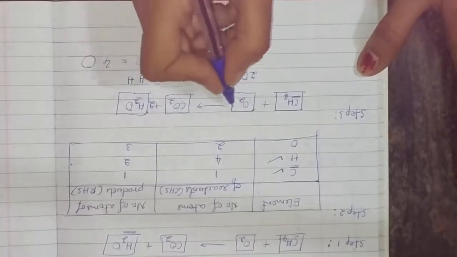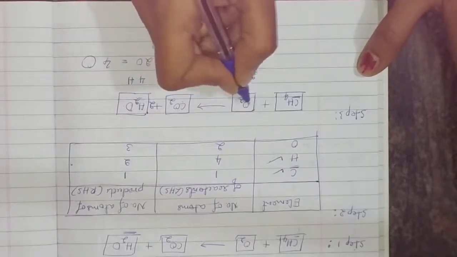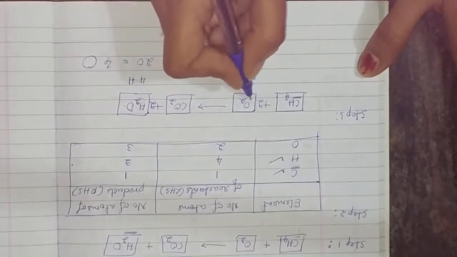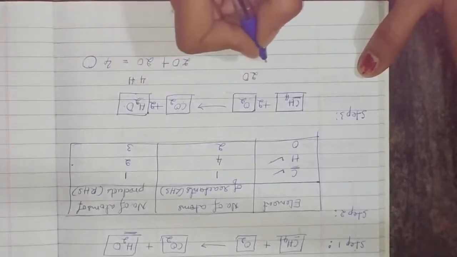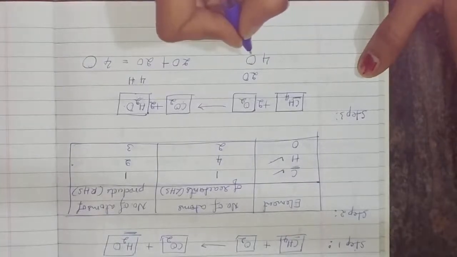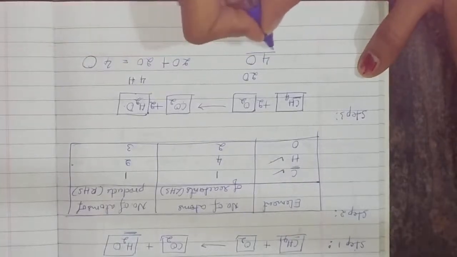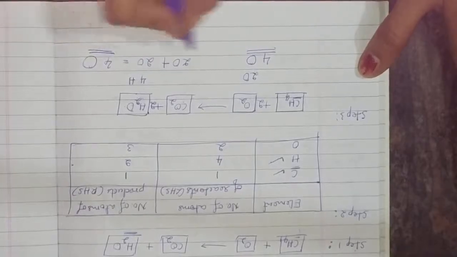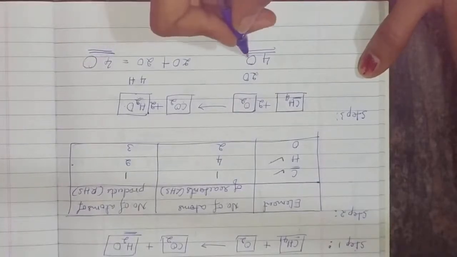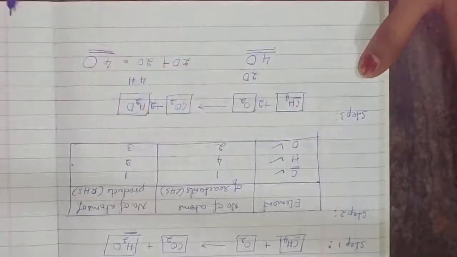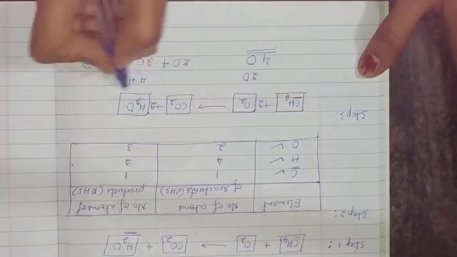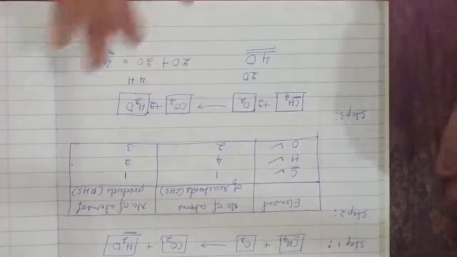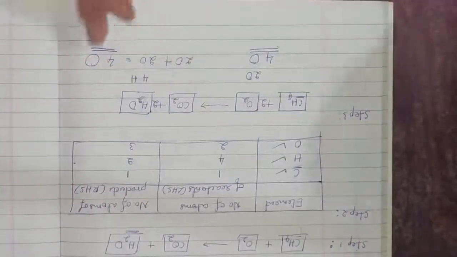So if I multiply this oxygen by 2, then number of oxygen atoms in reactant side will become 4. Now number of oxygen atoms in the reactant side and product side are balanced. Oxygen atoms are also balanced. Here we have balanced this chemical equation completely. Like this we have to balance.